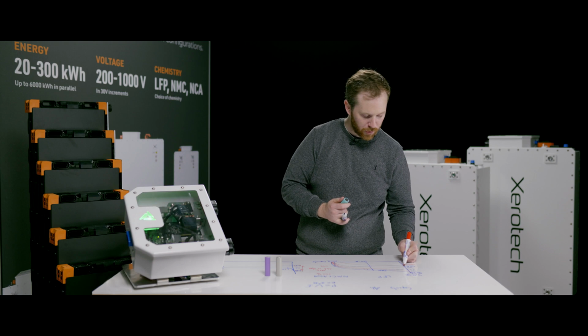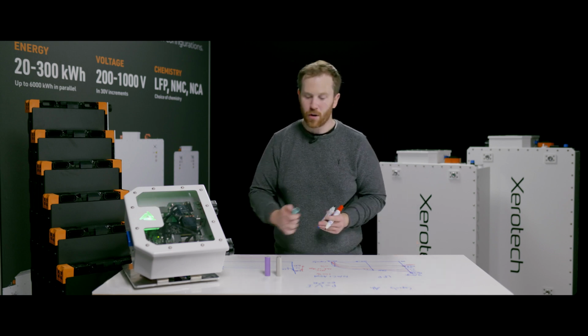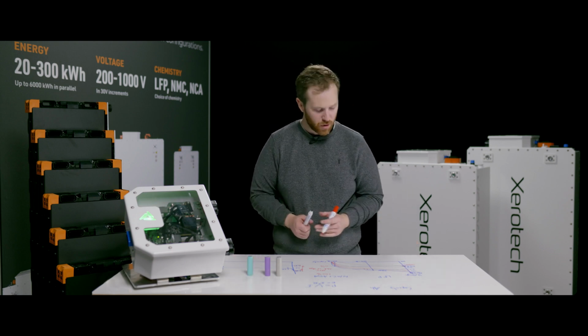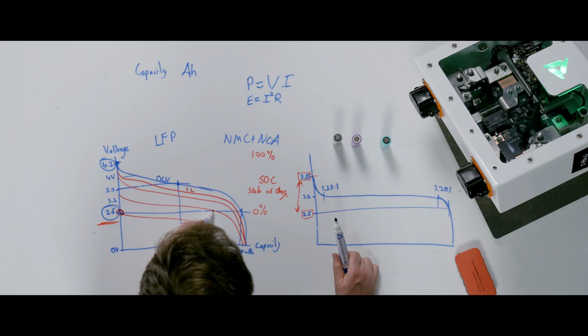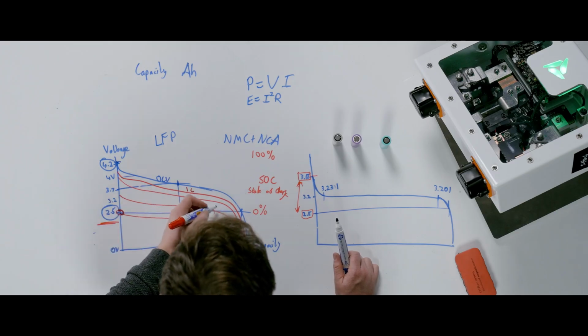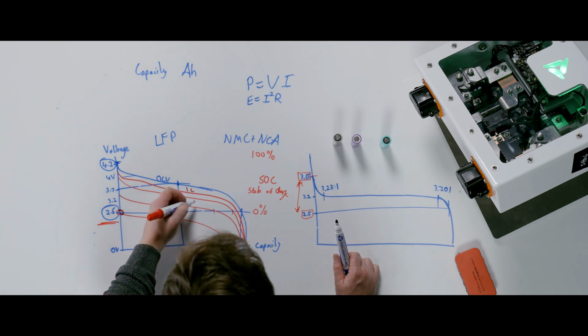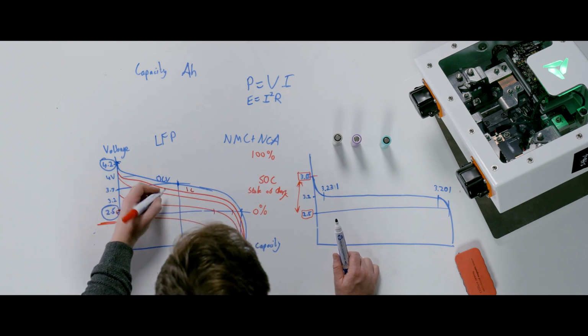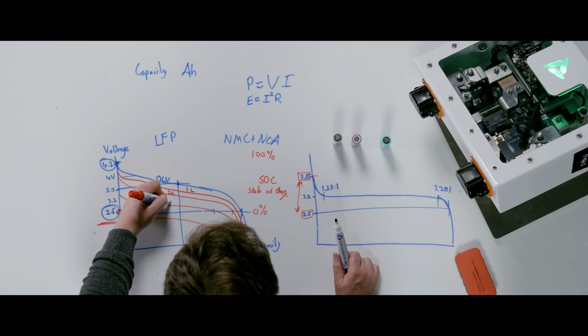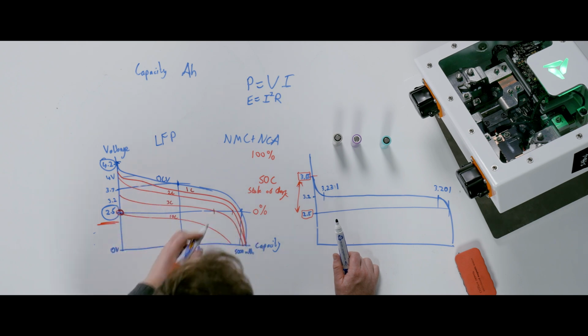There's a fundamental limitation of how much a given battery cell can discharge before the voltage drops below its minimum cutoff voltage. And that's really important to understand, because what you can see here is that depending on how full the battery is, you won't be able to do certain charge or discharge rates for a given load.